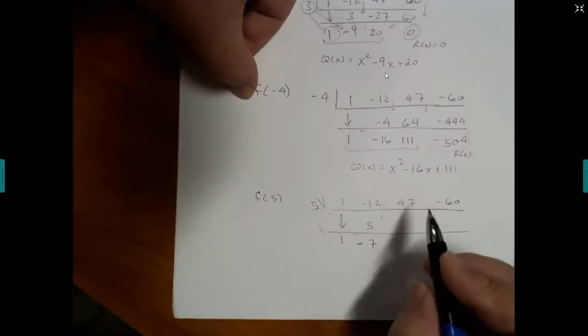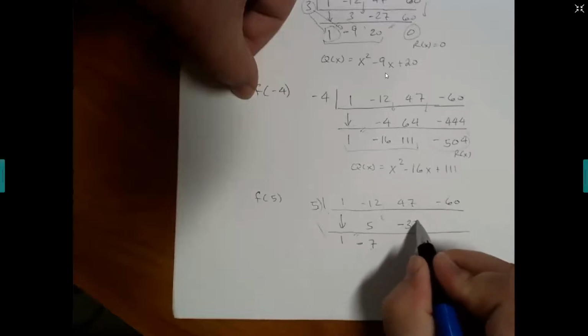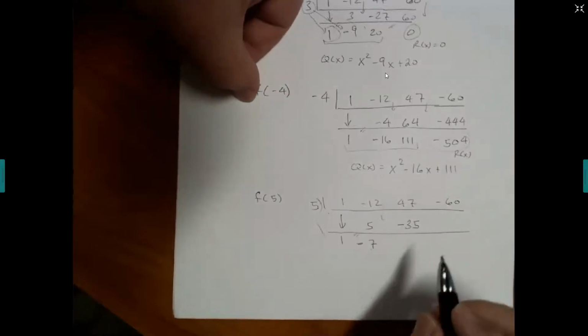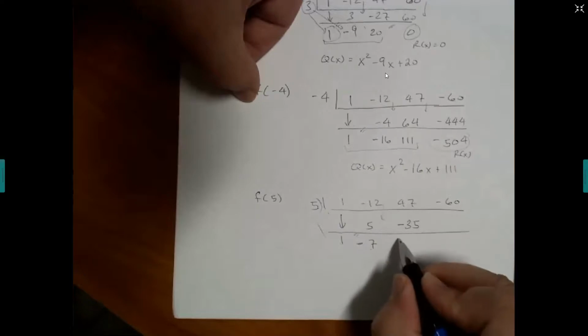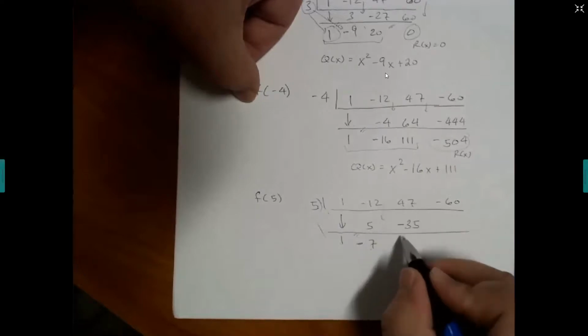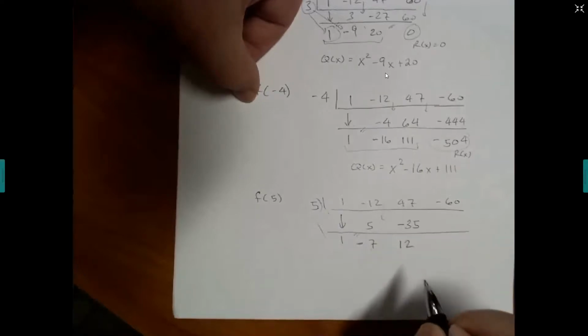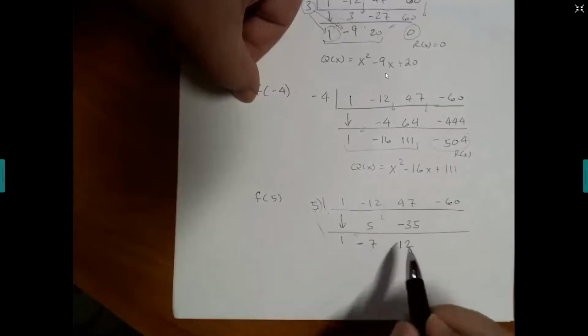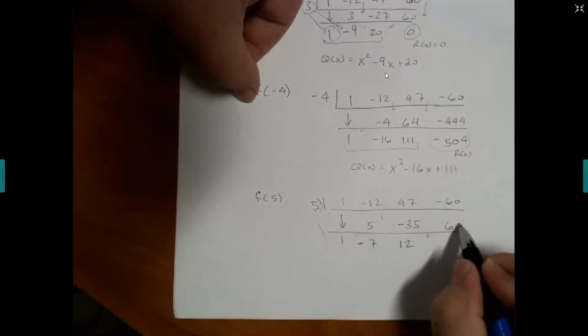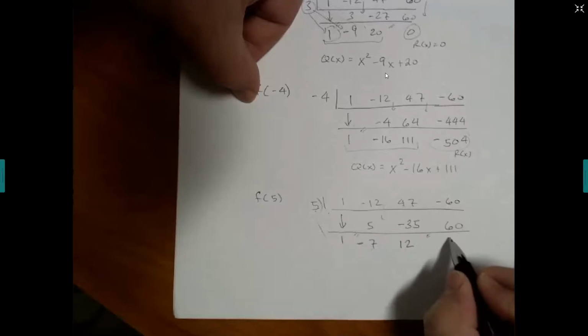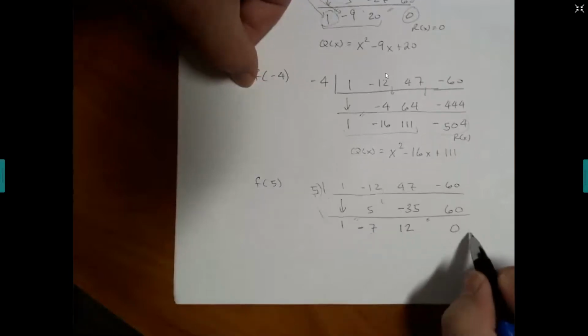5 times negative 7 is negative 35. Add. It's going to be positive. The answer is 12. 5 times 12 is 60. Add, remainder is 0.